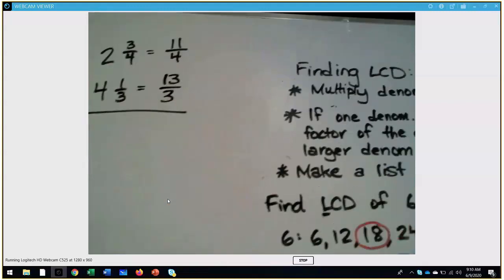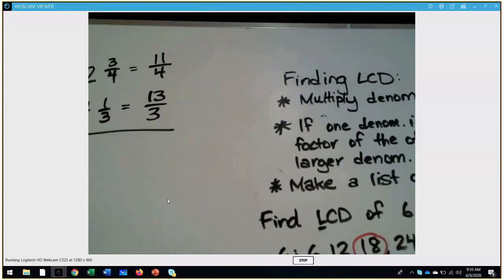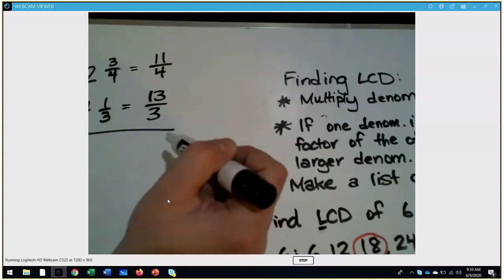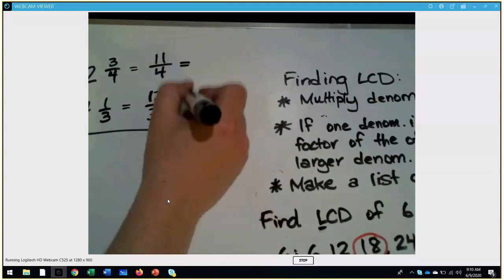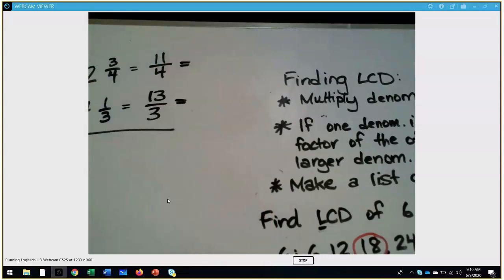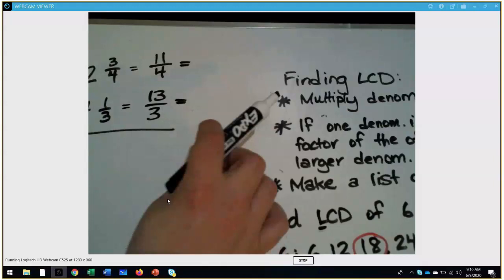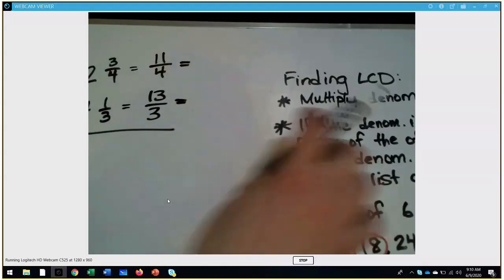And now the mixed numbers are gone. Next, check your denominators. They do not match. So we need a common denominator. Since they're consecutive, choose the first thing that I said and just multiply them together.